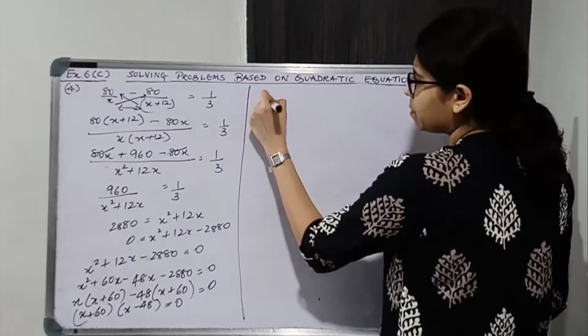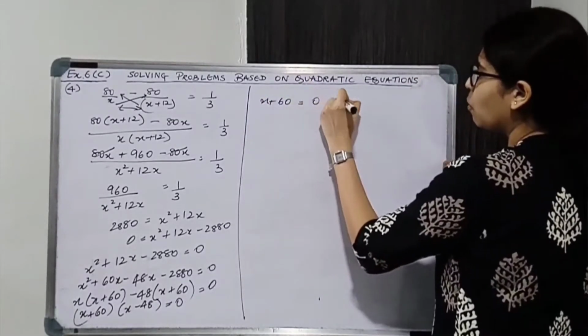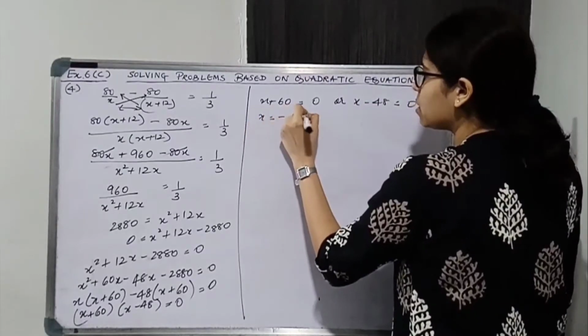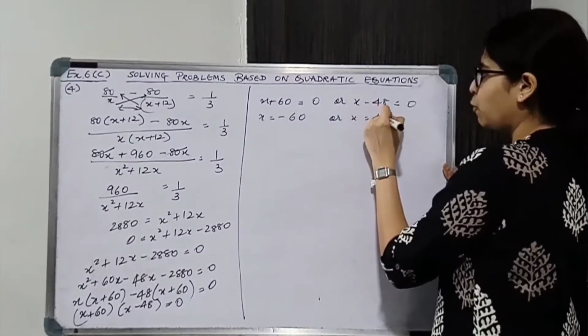So x plus 60 is equal to 0 or x minus 48 is equal to 0. x is equal to minus 60 or x is equal to 48.